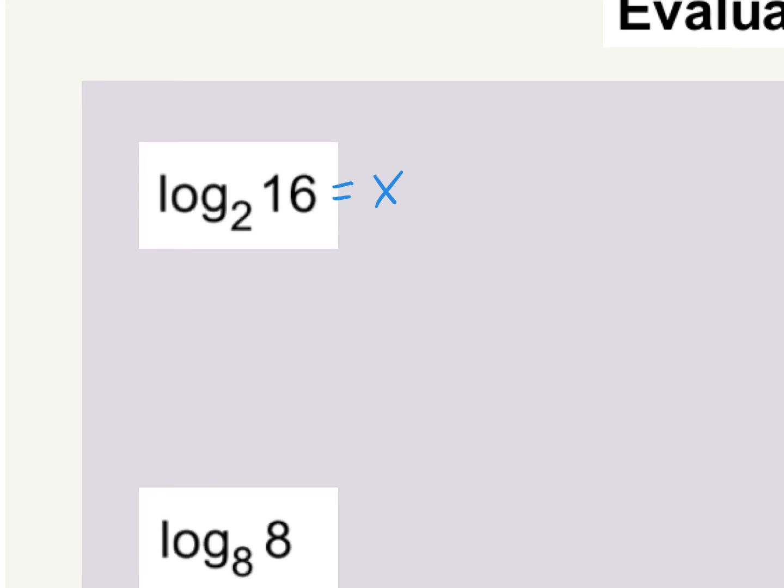We can evaluate exponents. So let's change this to exponential form. What's our base? 2. What's our exponent? Switch these. X. And what's that equal to? 16. So 2 to what power gives us 16?